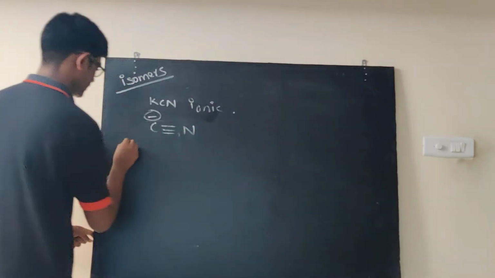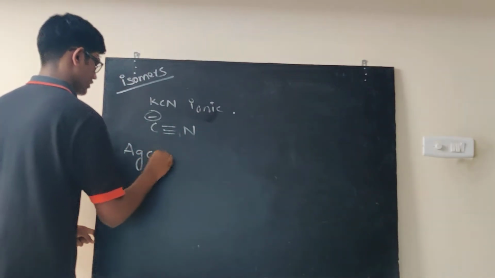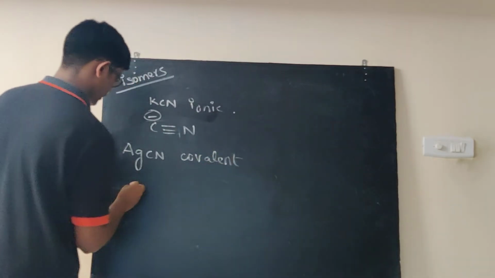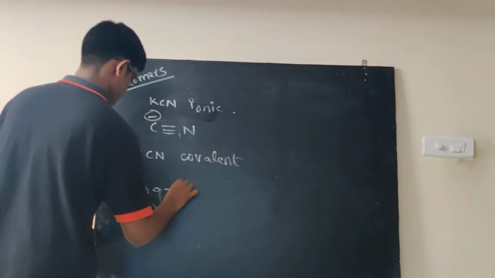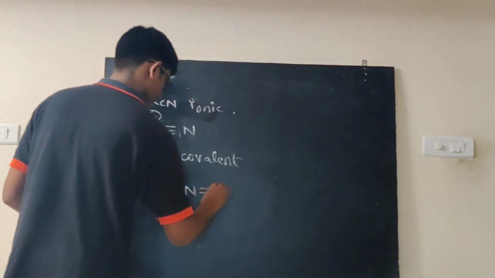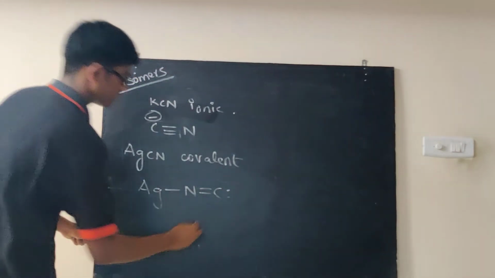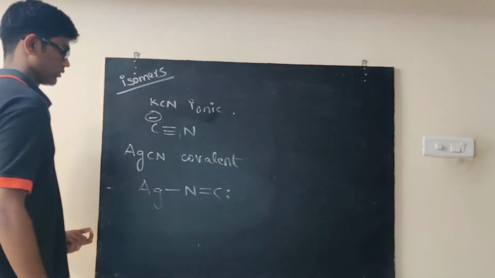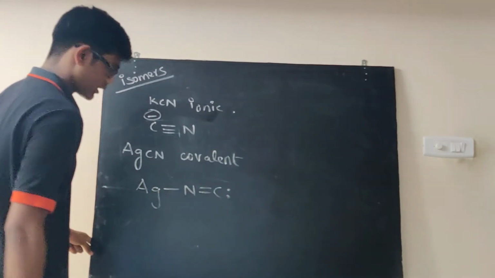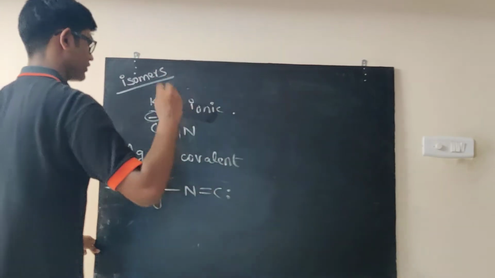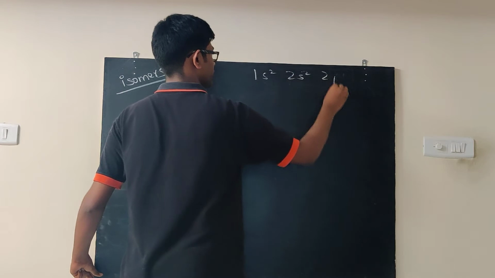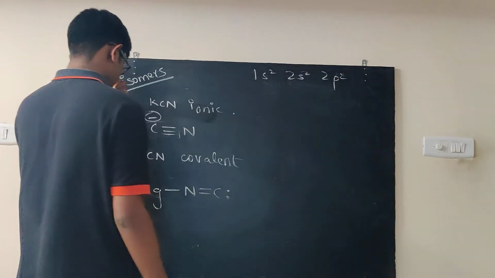On the other hand, AgCN is covalent, okay? So if I draw the structure, it looks something like this, with something like a lone pair here. Now we assume that this carbon is like an inorganic carbon, because remember the first point is carbon's electronic configuration is 1s2, 2s2, 2p2. It's the sixth element in the periodic table.